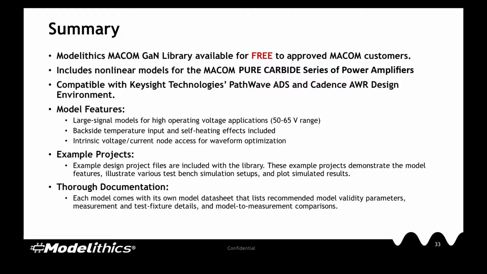The models include features like backside temperature input and self-heating effects. Designers also have access to intrinsic voltage and current nodes for waveform optimization. And don't forget about the example projects that are included. And finally, each model comes with its own datasheet.